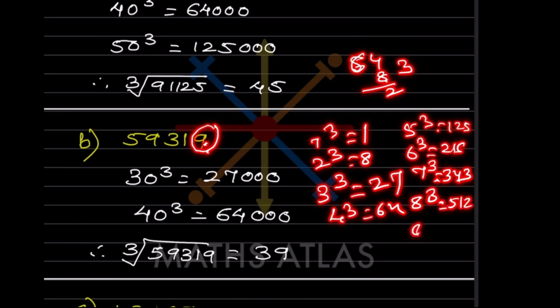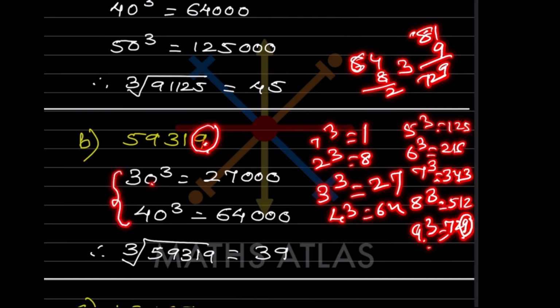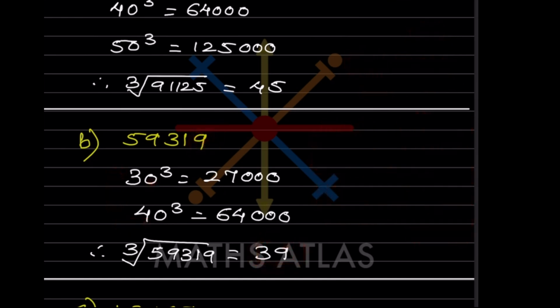And 9 cube, 9 9s are 81 into 9, that is 729. We want the last digit, the uniqueness, to be 9. This is the only possibility where we get 9, so it should be 9. It lies between 30 and 40, so that number should be 39. So the cube root of 59319 is 39.